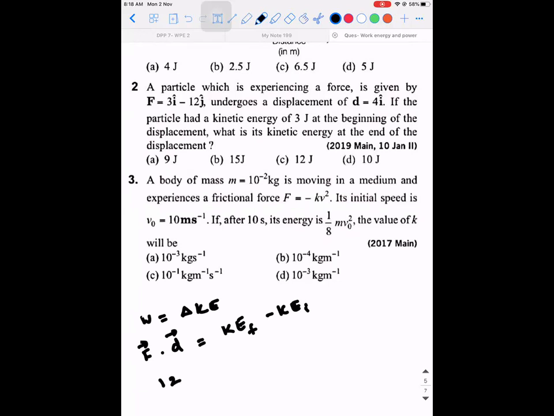So 3i cap dot 4i cap is 12, minus 12j cap dot 4i cap is 0 because j dot i is 0, is equal to change in kinetic energy. Final kinetic energy minus initial, how much have they given? 3. So what is the answer? 15 joule. 15 is the answer. Okay, that's right.